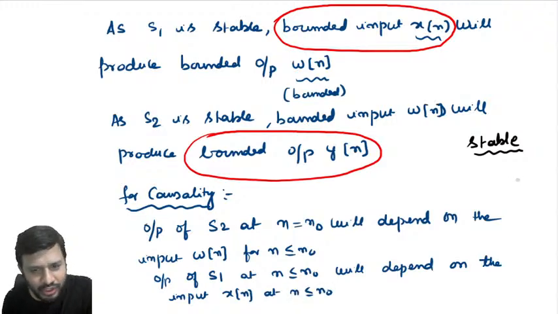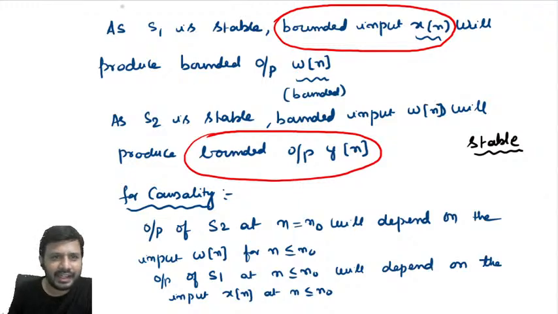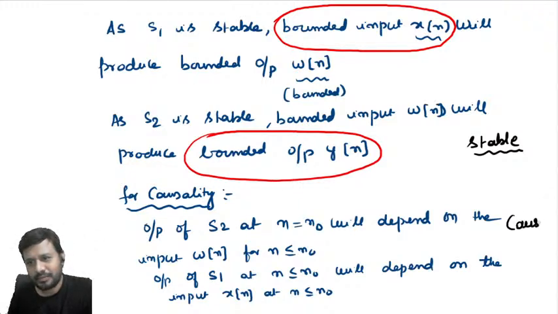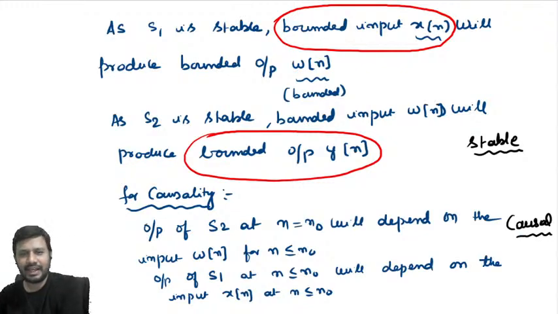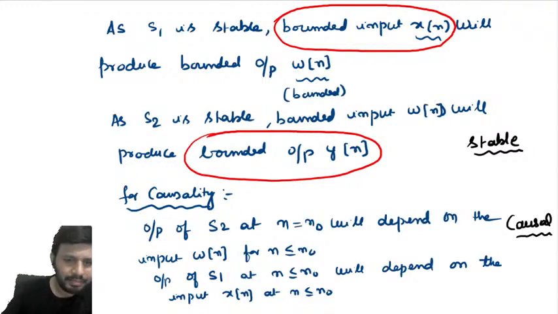So if you observe the overall input output relationship, again it is causal. So the properties are preserved for the cascade connection. Linearity, causality, stability and time invariance are preserved. Please observe.